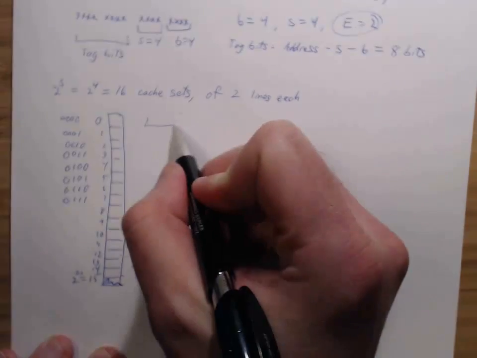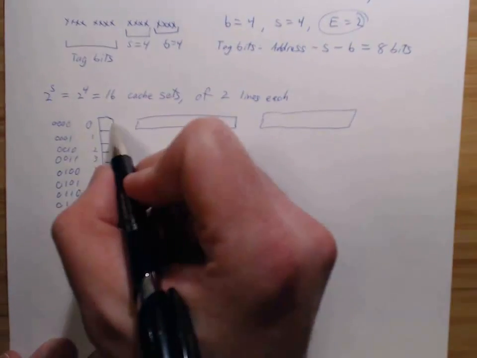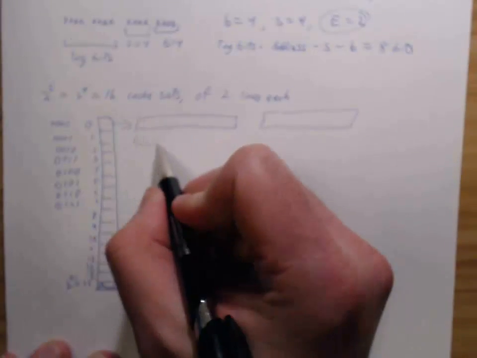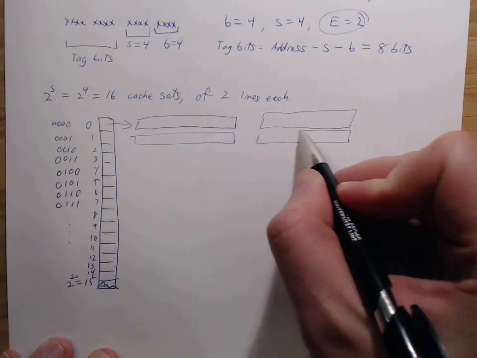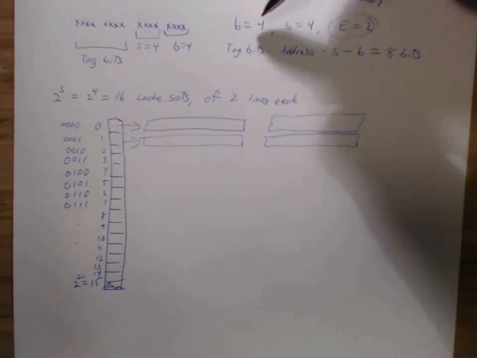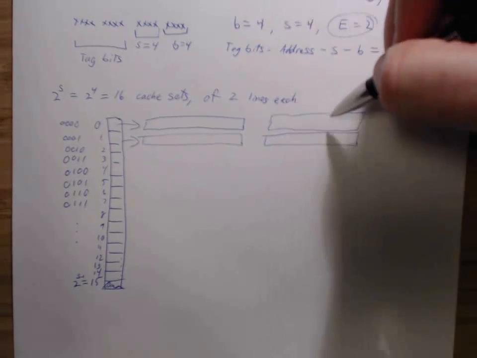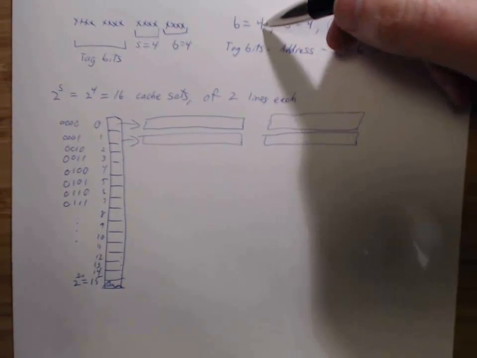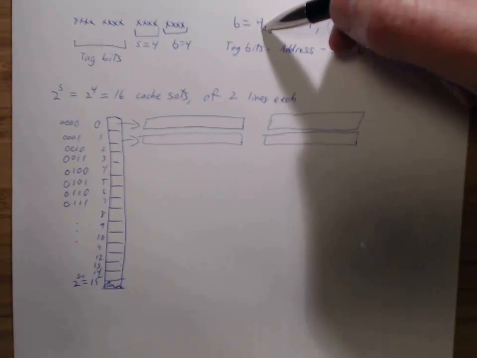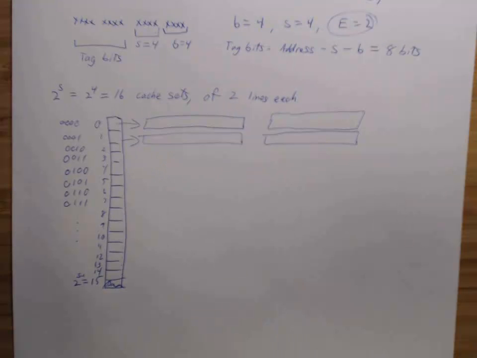So we're going to have 2 cache lines per address. If we were building a real cache, we would need to hold 2 to the 4 bytes inside of these. But in this case, we don't actually need to store the data, so we don't need to actually construct storage for those bytes. So let's look at an example of how this would be used.